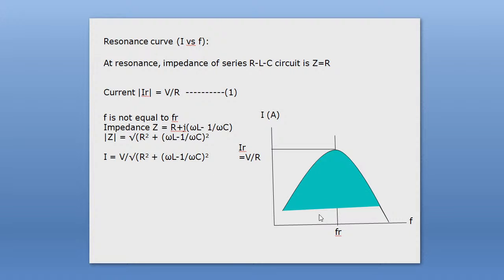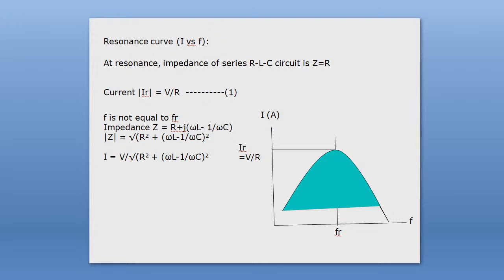If you consider a frequency lower than the resonant frequency, then this part, the reactance corresponding to the capacitor, will dominate the denominator terms. As a result, I will be smaller compared to IR.